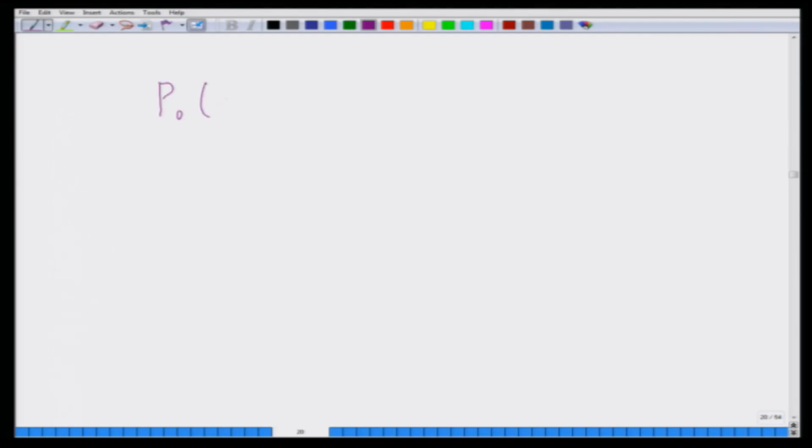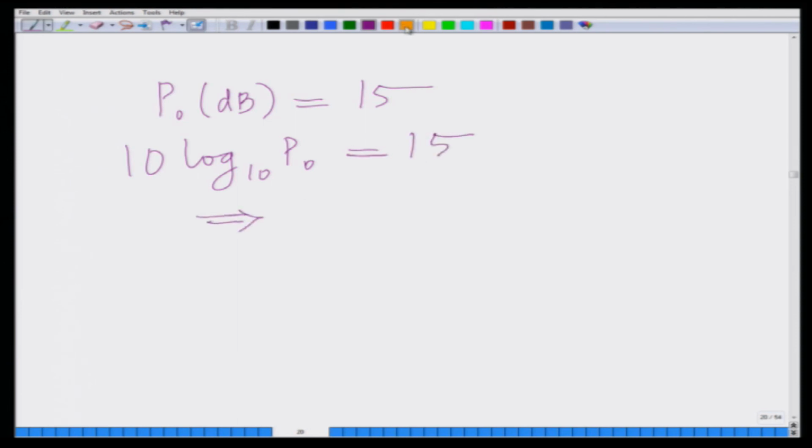We have P naught dB equals 15, which means 10 log 10 P naught equals 15, which implies P naught is equal to 10 to the power of 1.5, which is equal to 31.62, which is also equal to P1, since P1 is also equal to 15 dB.